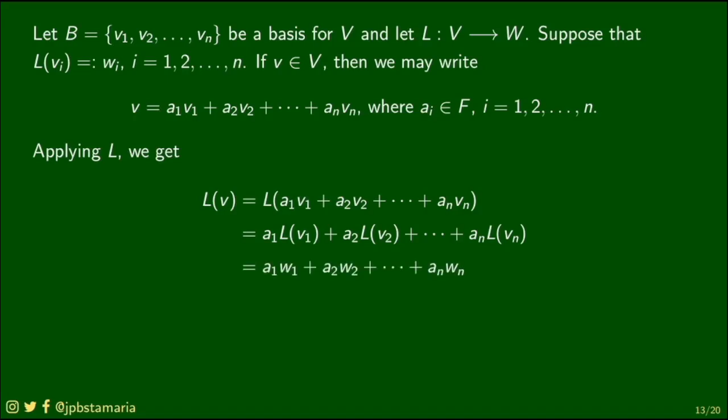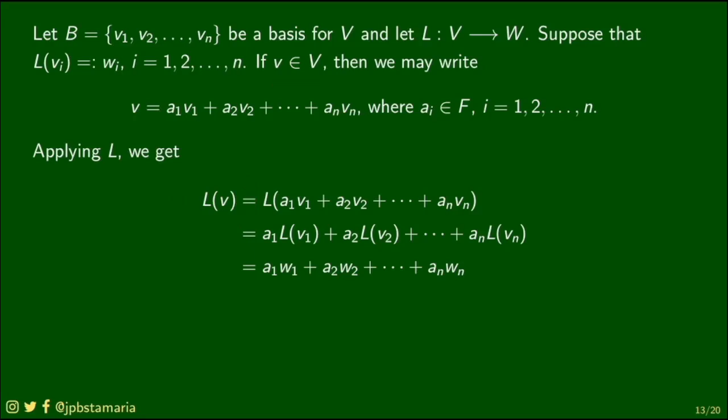Because L of V1 is W1, L of V2 is W2, and L of Vn is Wn, as a consequence, we can now compute the image of V under L for an arbitrary element of V.